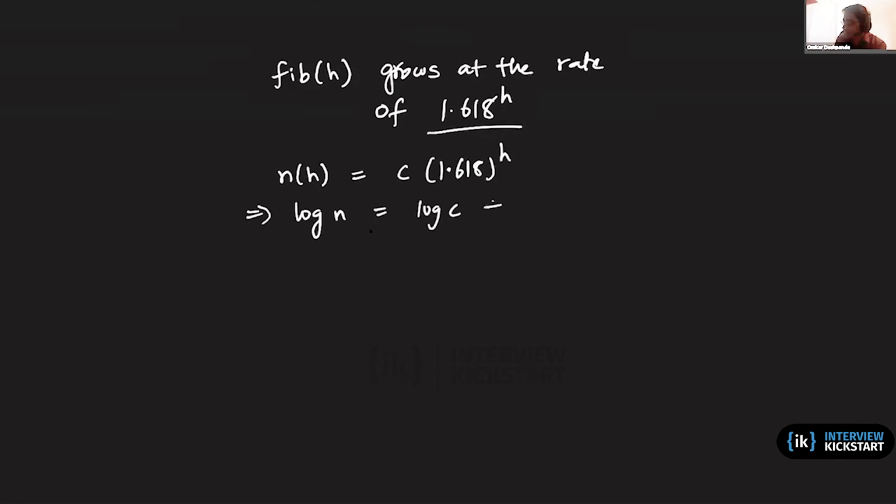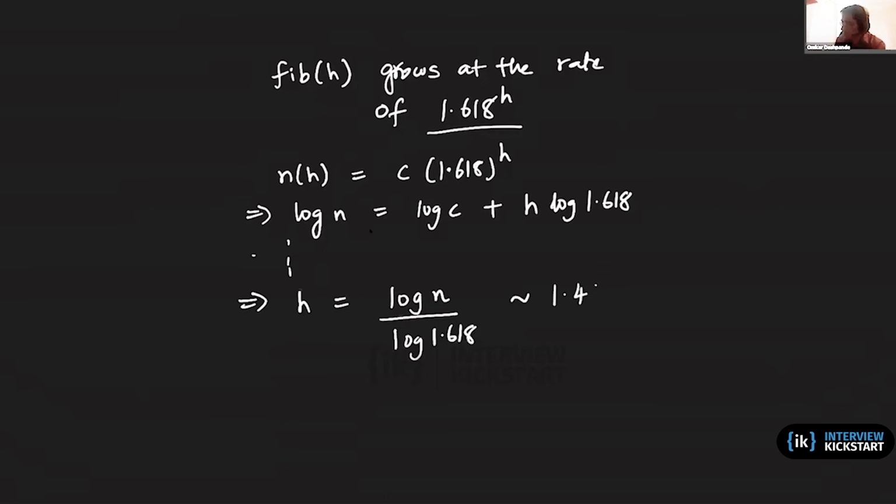Log of c plus h log of 1.618, and you can actually go through these steps to show that the rate of growth of h is just going to be log of n divided by log of 1.618, which is roughly 1.44 log n. If you just plug in the value for log of 1.618 and take the reciprocal of that, it'll come out to be roughly 1.44 log n.